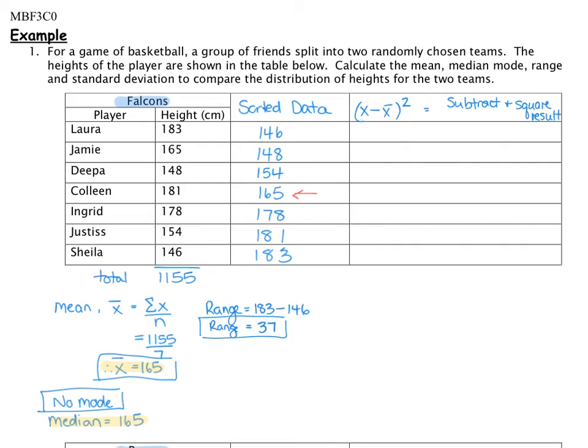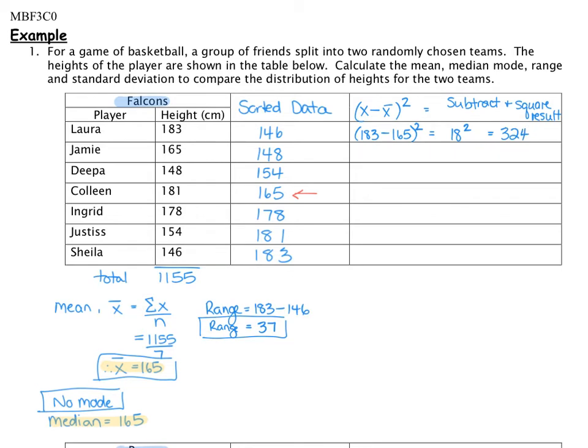Okay, so our data value in the first row, for Laura, is 183 centimeters. We're going to subtract the mean, which is 165, and square the result. Following BEDMAS, we do our brackets first, so we get 18, then our exponent, squared, which is 324.